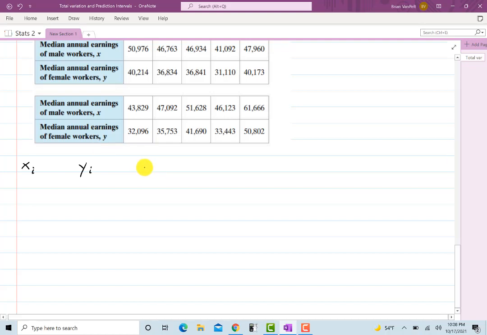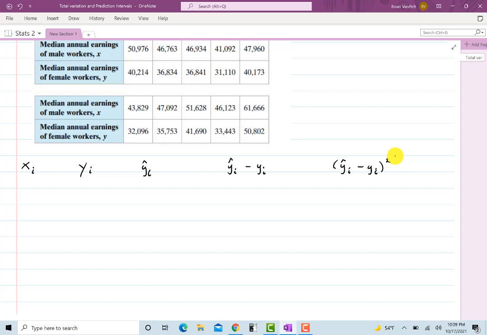Then I want to calculate yi hat, then yi hat minus yi, and then yi hat minus yi squared. Let me go ahead and get in the information that's given in the table first.